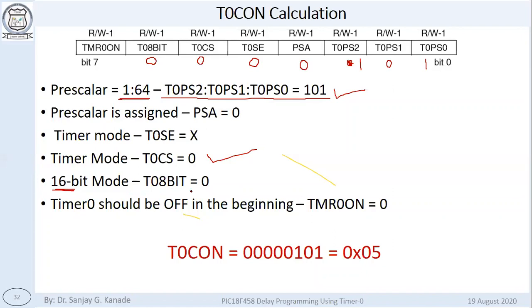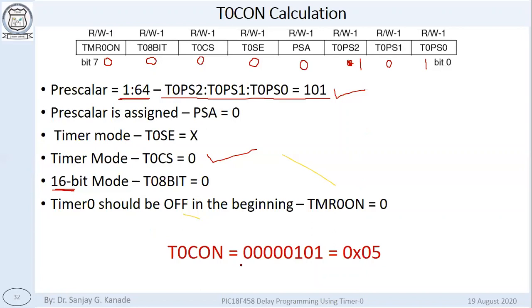If we want to use it in 8-bit mode, then we have to make it 1, right? And as I said, the TMR0ON bit should be 0 at the time of starting the program. We will make it 1 as you saw in the steps I discussed earlier. So that bit also is 0.